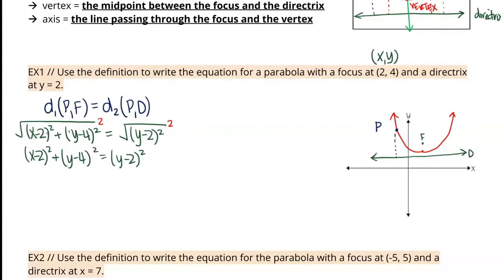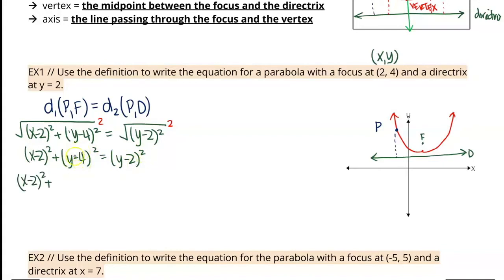Okay. I'm going to go ahead and rewrite this, but what I want to do is leave the x squared stuff in factored form, but I'm going to go ahead and FOIL out the y squared stuff because I'm going to be able to combine some like terms. So let's leave x minus 2 squared.